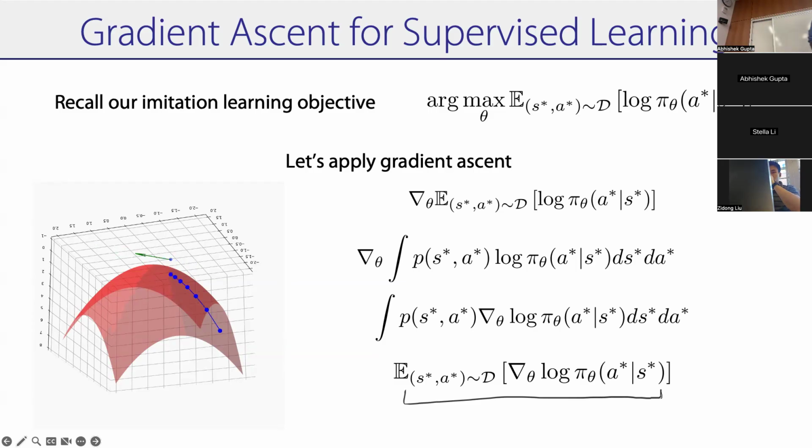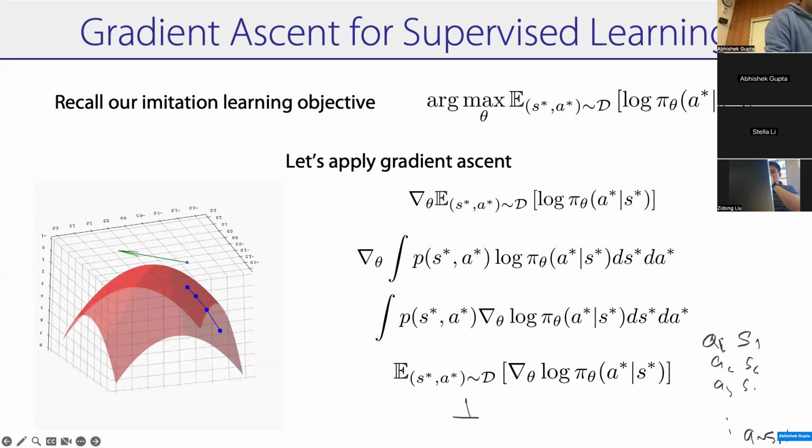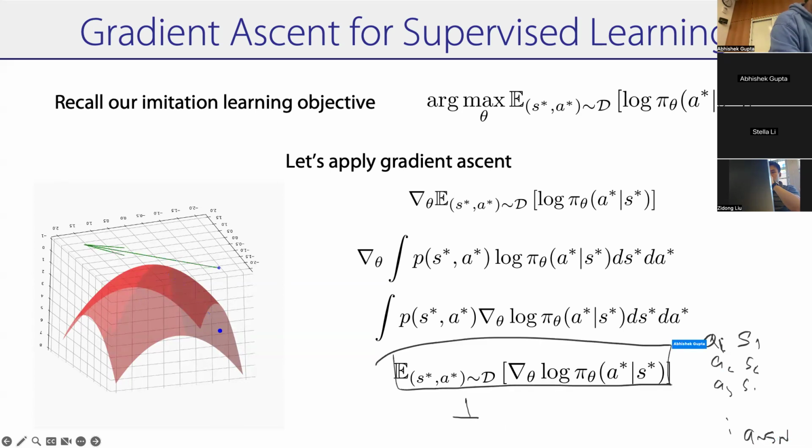You can do what is called a Monte Carlo approximation: I take n samples, S1, A1, S2, A2, S3, A3, till SN, AN, and compute an approximation to this expectation by averaging together grad log pi of Ai given Si, from i equals 1 to n.